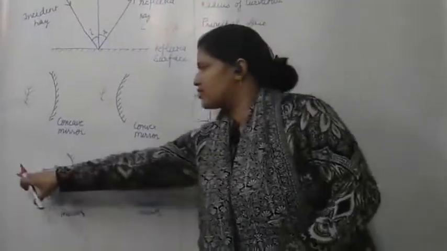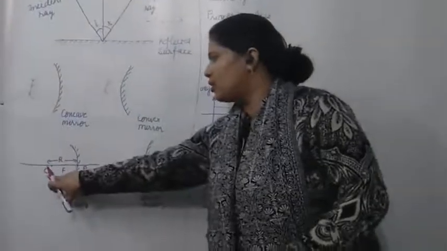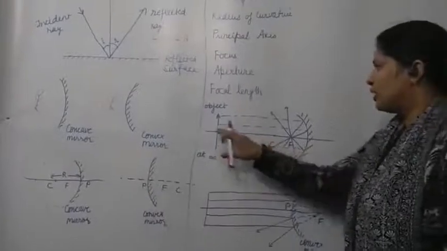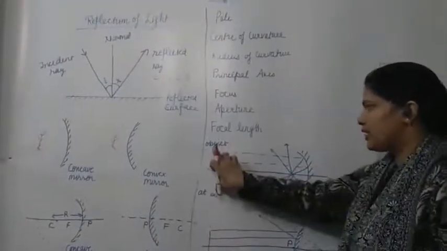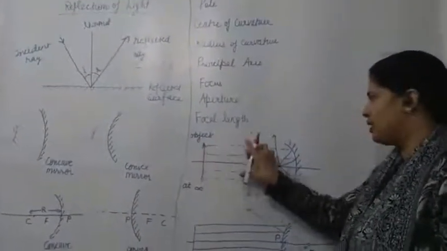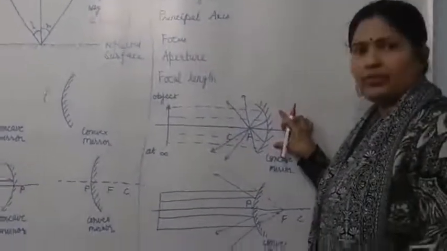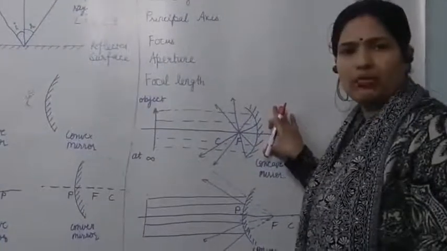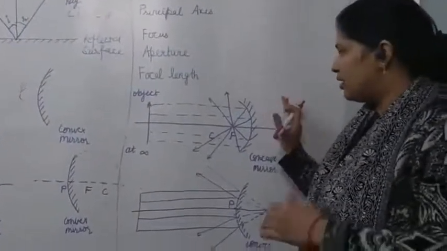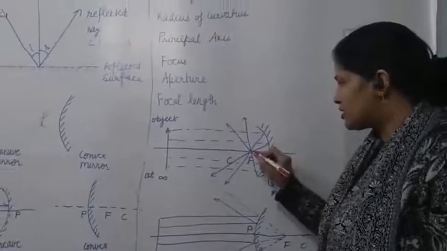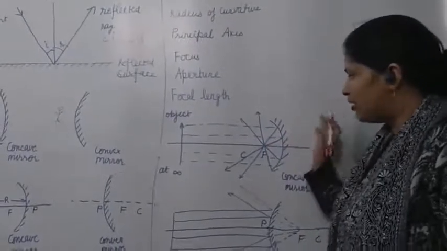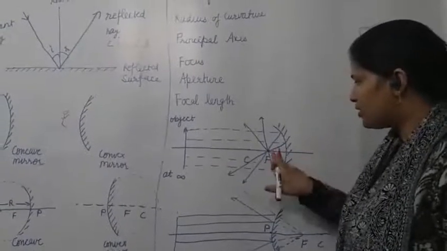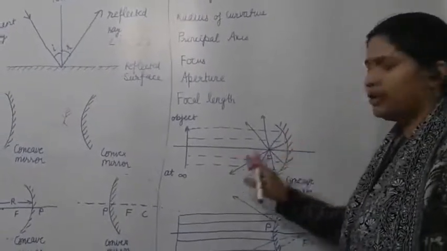The principal axis is the straight line joining the center of curvature and pole, and it can be extended. So, along the principal axis, the rays coming from the object will be parallelly incident on the mirror, and these rays incident on the concave mirror will be reflected, and at a particular point they will meet.